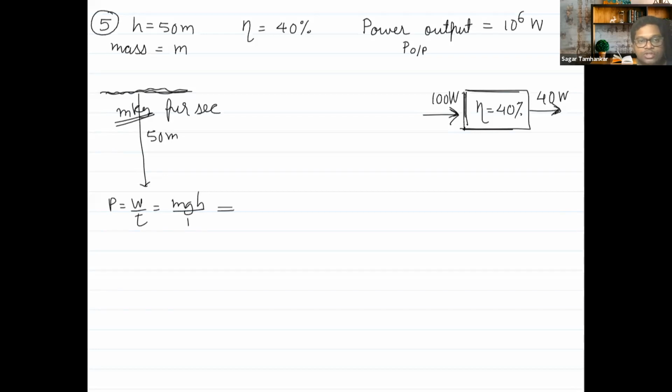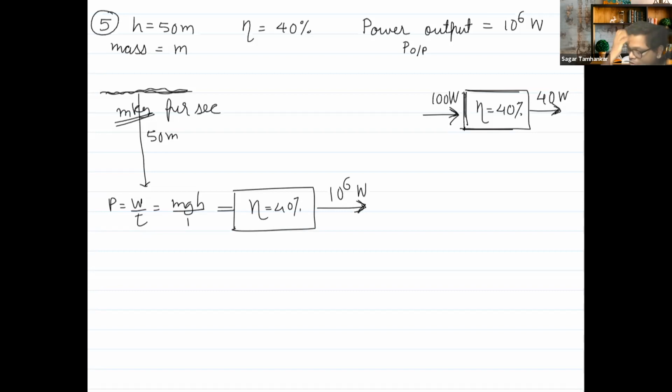Now what is the machine doing of that? The machine is converting at a rate of 40% and it is giving out 10 lakh watt. Okay, 1 megawatt is 10 to the power 6 watt.